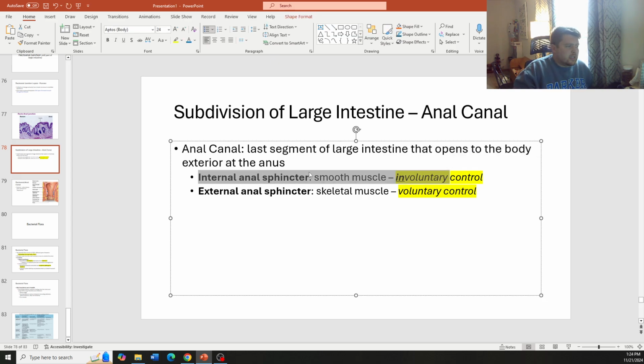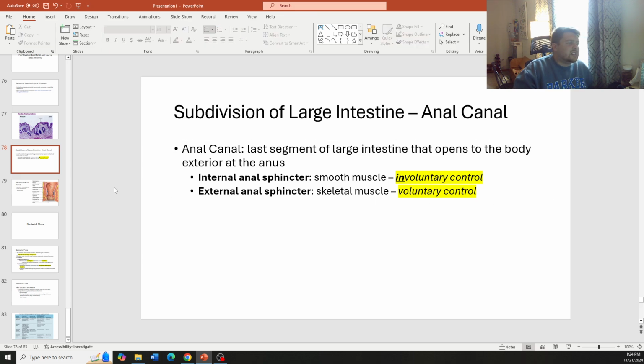So the internal is involuntary, and the external is voluntary control. If you've been eating, especially after eating or after your morning coffee or caffeine, you get that feeling of, oh, I have to go to the bathroom. That's the relaxation of the internal anal sphincter, which happens involuntarily. And then to actually go to the bathroom, we have to voluntarily relax the external anal sphincter.